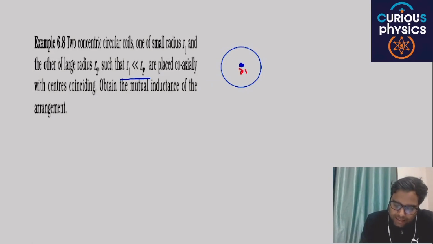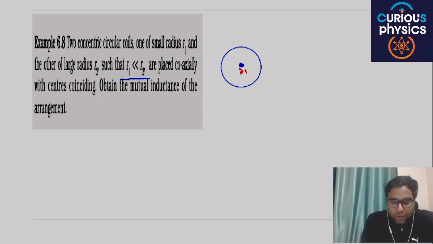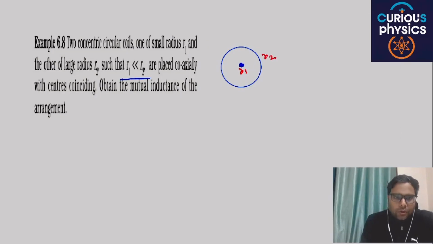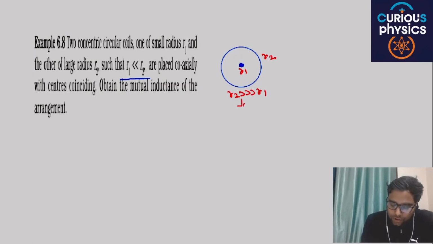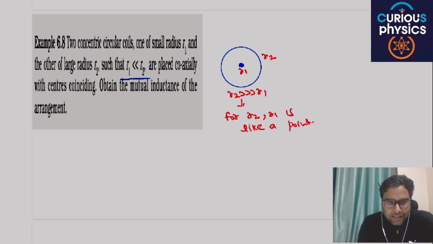R1 is the radius of the inner coil and R2 is the radius of the outer coil. If R2 is very much greater than R1, it means that for R2, R1 is like a point, at the center. Are you able to understand my point or not?